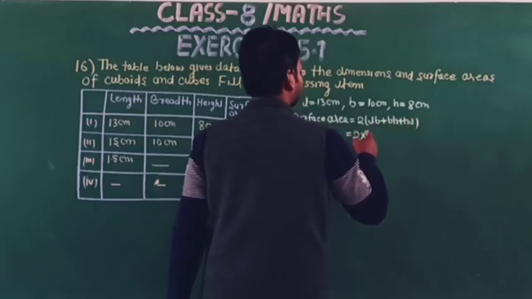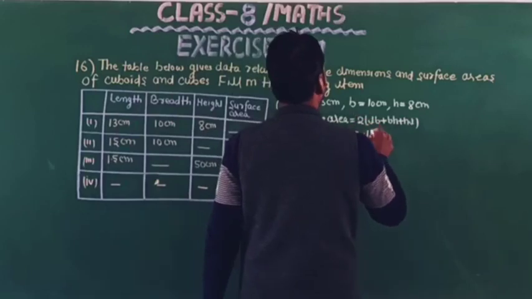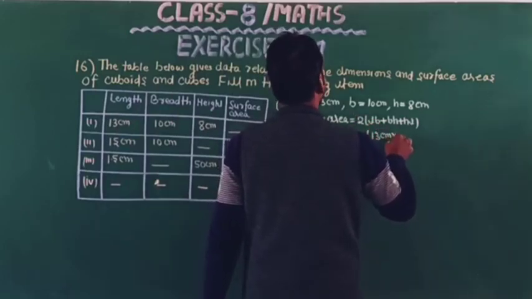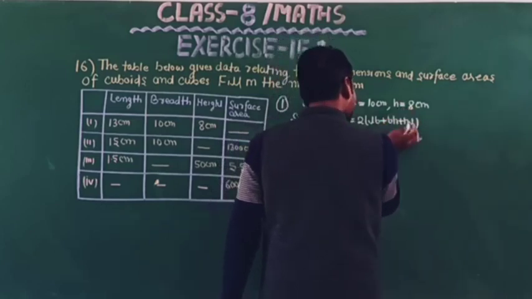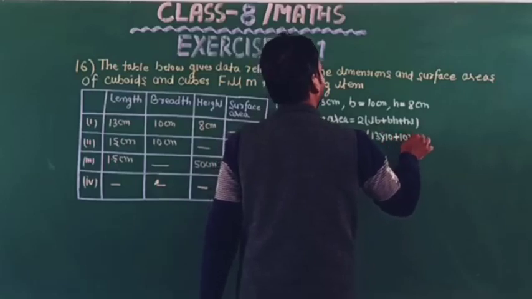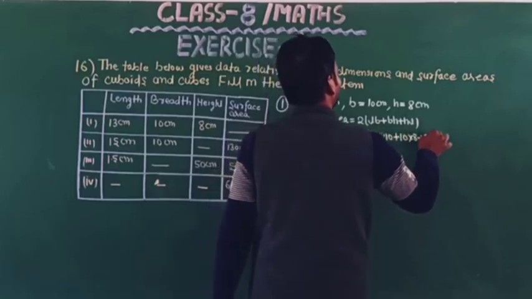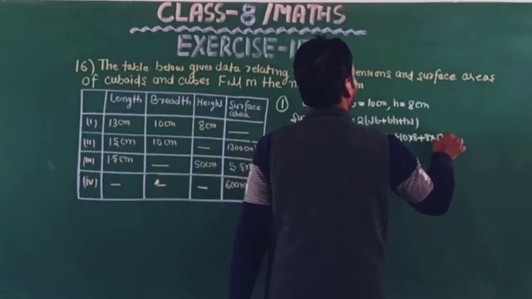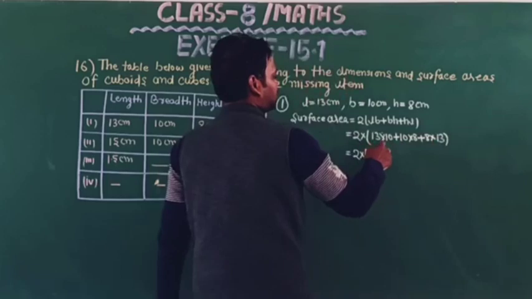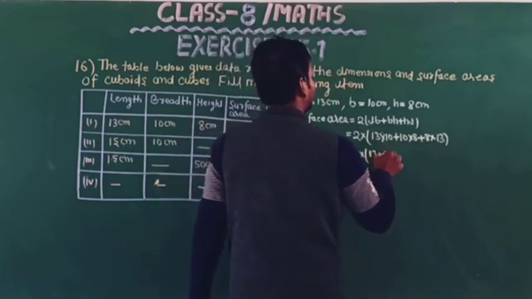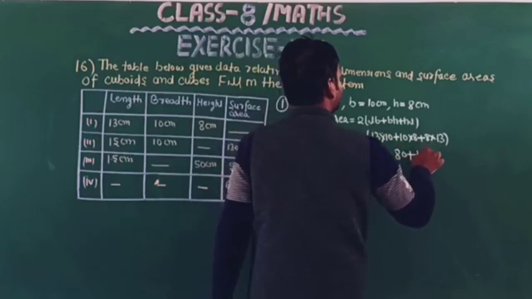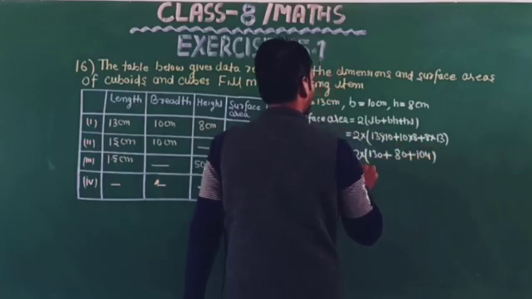Now substituting all the values of the dimensions: L is 30 cm, breadth is 10, so 2 into the product of 30 into 10, that is 300, plus 10 into 8, that is 80, plus 8 into 30, that is 240.